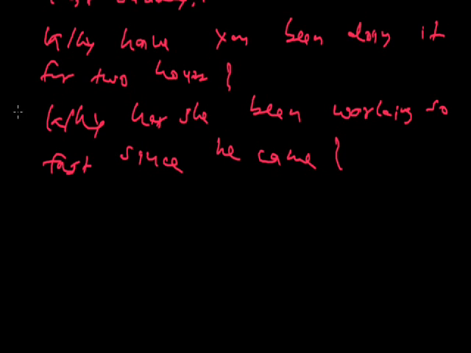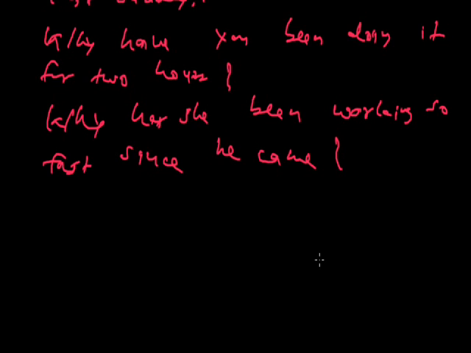Clear? So here we have seen how to make sentences. And we also learned where to use it: when something has been done to an extent and which still continues. It has to be perfect also, and it has to be continuous also. That's why it is called perfect continuous.